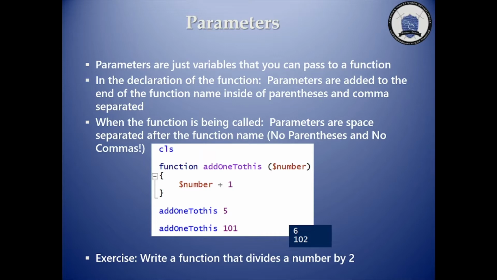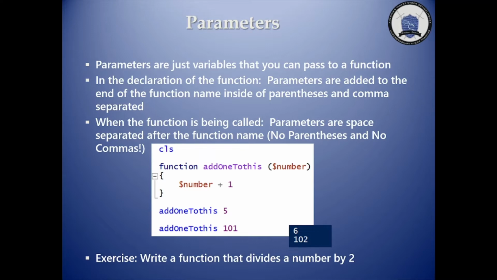When the function is being called, parameters are space separated after the function name. There are no parentheses and no commas. As you can see in the example here, we're passing 5 into the function as a parameter. There's no parentheses, no commas. We are just putting 5.